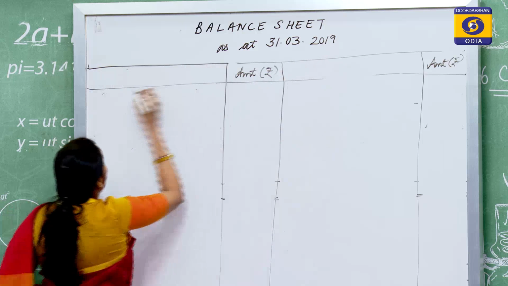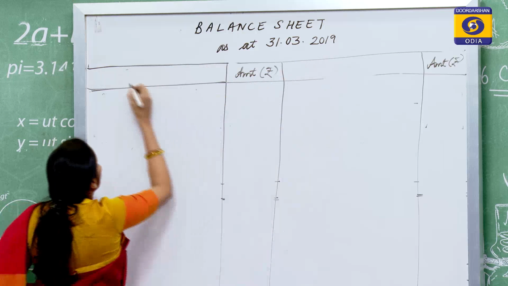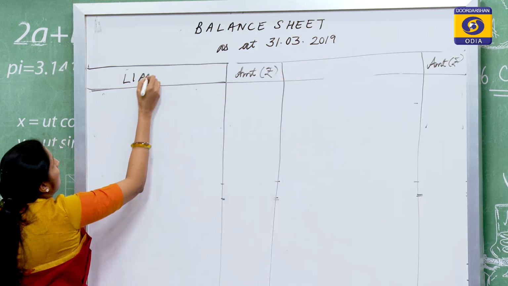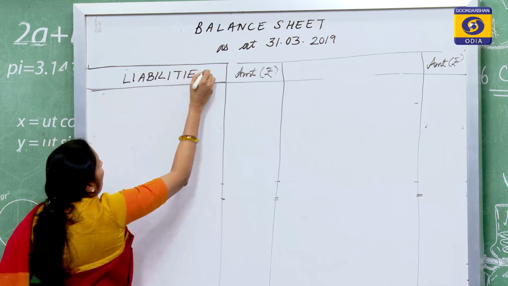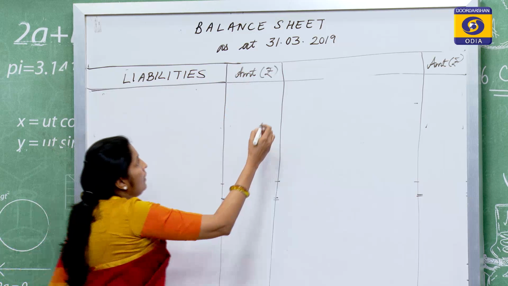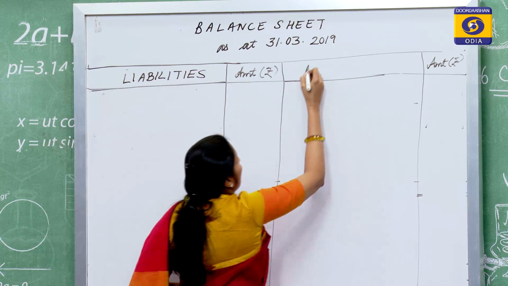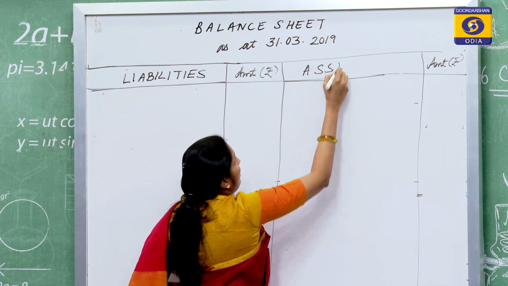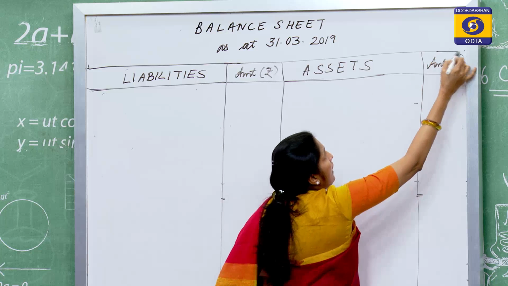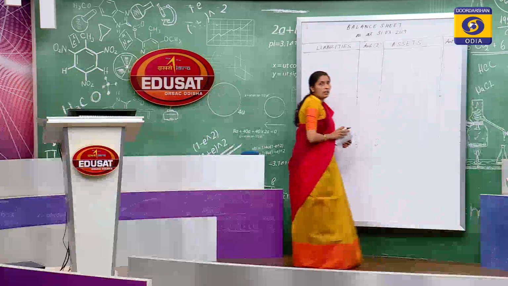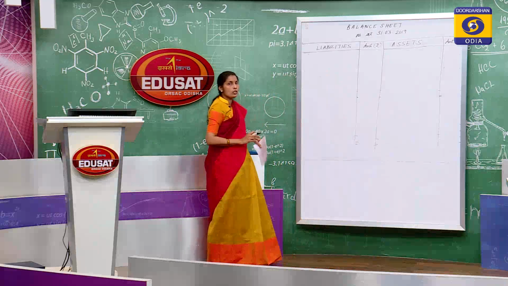Here we have the liabilities side, and then here we have the asset side. That is, on the right hand side we have the asset side, on the left hand side we have the liabilities side. So let's go ahead and see how the balance sheet is prepared.